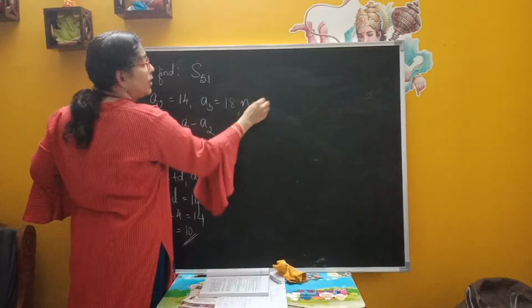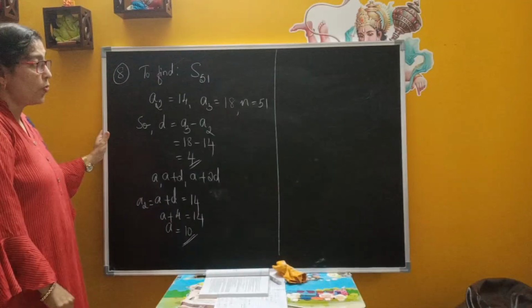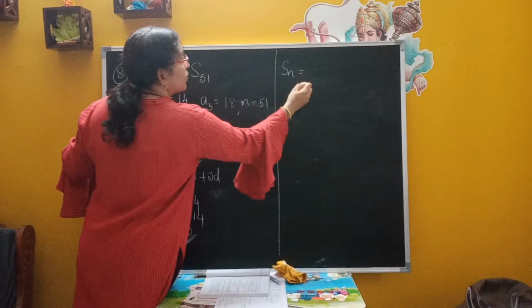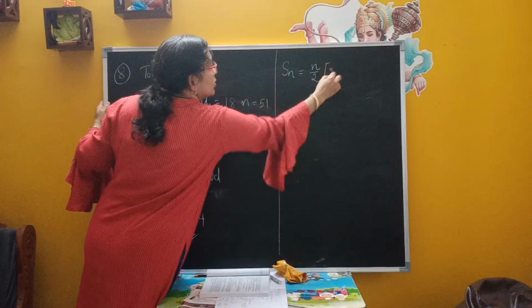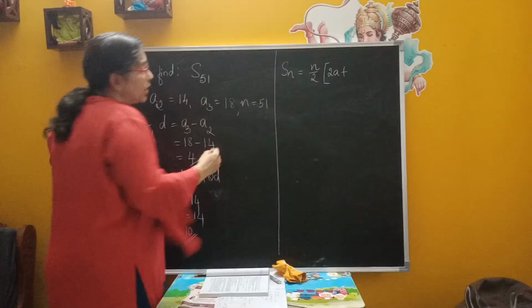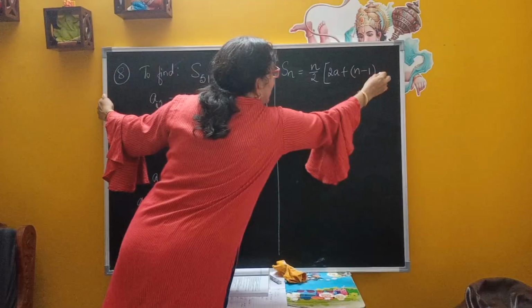Now we have a, d as well as n. n is 51, since 51 terms are asked. So use the formula. The formula is Sn is equal to n by 2 into 2a plus n minus 1 into d. We don't know the last term, so we have to use this first formula only.